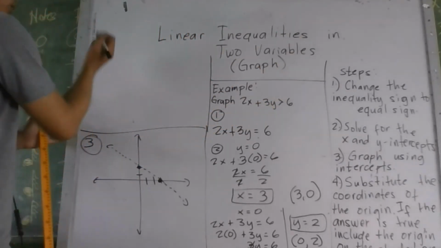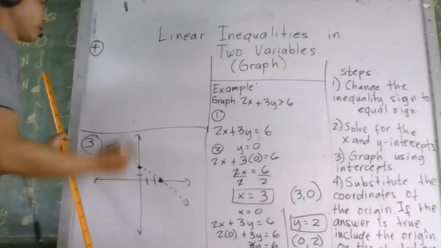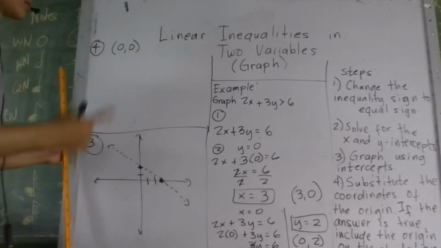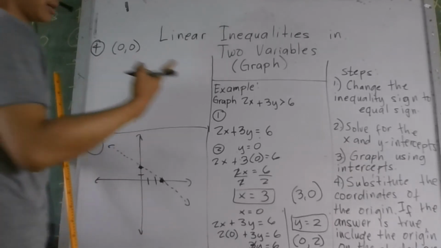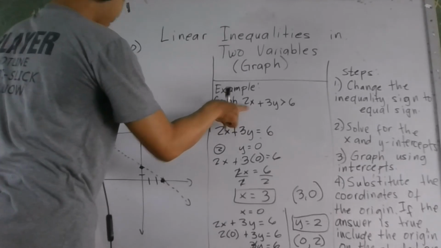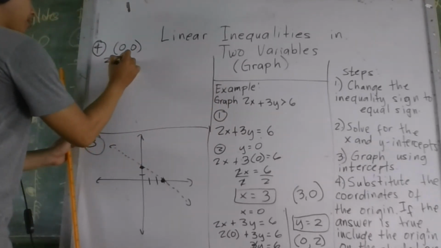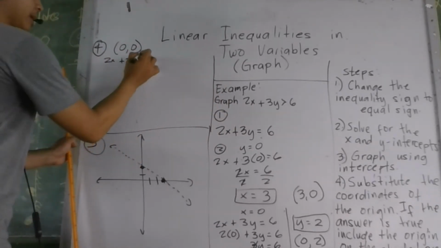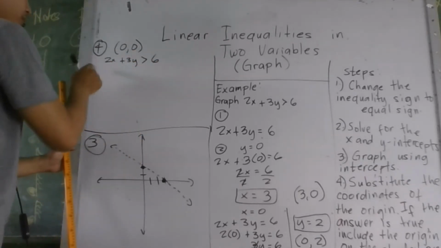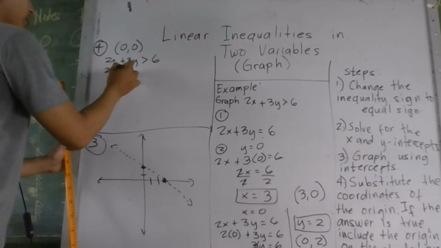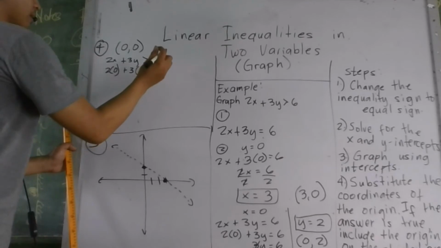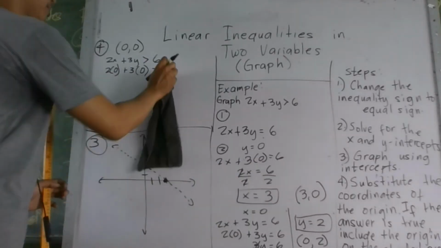Okay? So ano yung coordinates ng origin natin? That would be 0, 0. Right? So determine if true, substitute that to our given. So that would be 2x plus 3y is greater than 6. Okay? Substitute 0, 0. So that would be 2 times 0 plus 3 times 0 is greater than 6. Sorry. That should be 6.